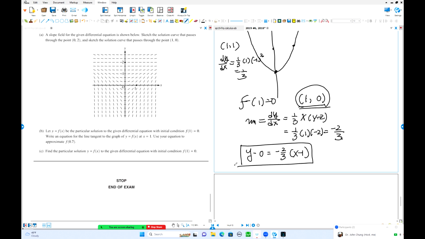This is okay, right? When x is 1, y is 0.